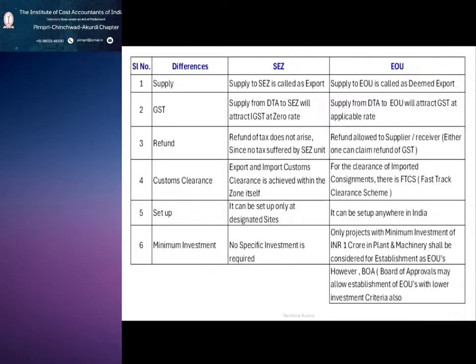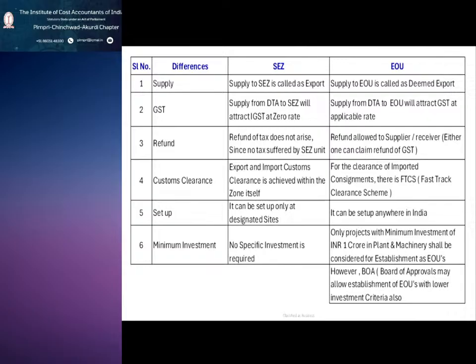Then setup. It can be set up only at designated sites. SEZ means the government has already declared that these are the SEZ zones, so the industries or factories have to be set up only at the designated sites.